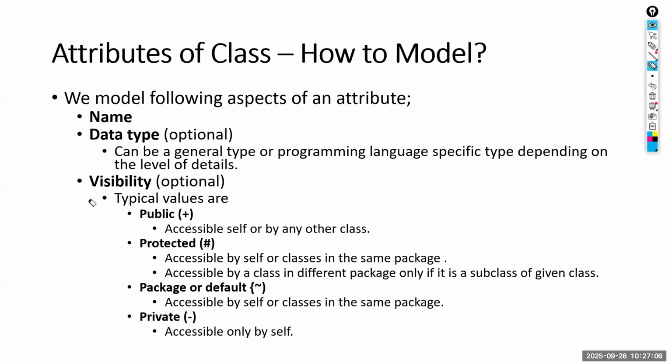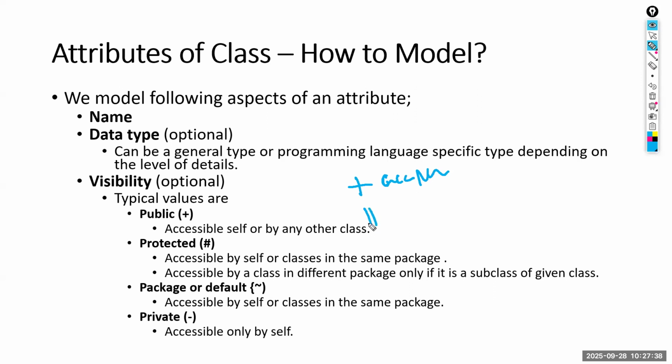And when it comes to attributes, you can show the visibility. We have discussed this in semester one: private, default or package, protected, then public. So I'm not going to explain those things because you have learned this in semester one. But I will just show you the symbols. If your attribute is public, use something like this, say account number.